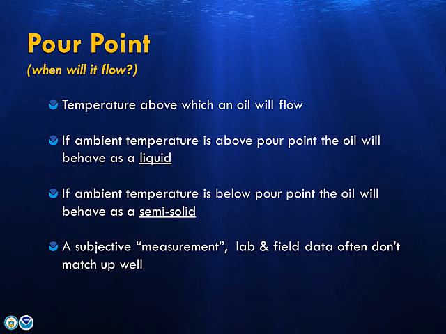If the ambient temperature of an area is 80 degrees and the pour point of the oil is 45 degrees, then you would likely see it as a liquid, because the ambient temperature is above the pour point. Similarly, if the ambient temperature is well below the pour point, it may be relatively solid.